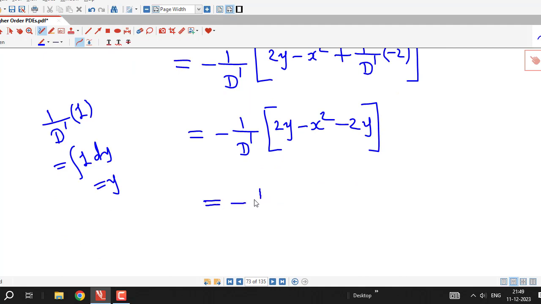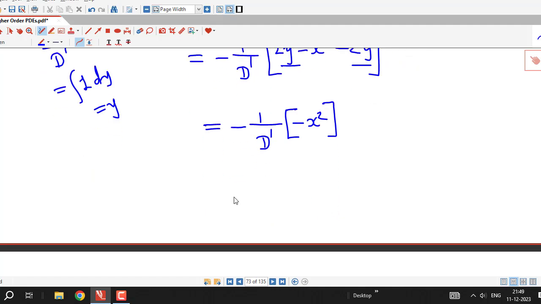Now this is minus 1 over D dash; here we can cancel out 2y minus 2y, that is 0, and I have minus x square, and negative negative is positive, and I will have 1 over D dash, that I have to operate on x square. 1 over D dash means integration with respect to y, and we are integrating partially, so x square is constant, integral of dy is y.